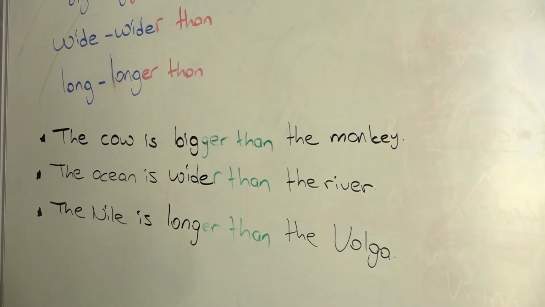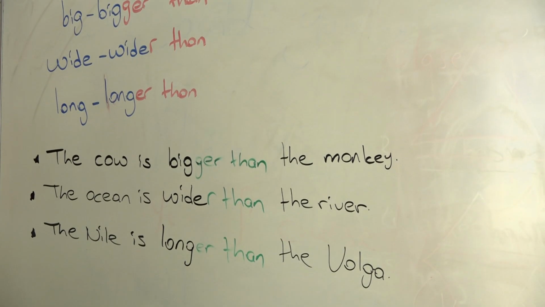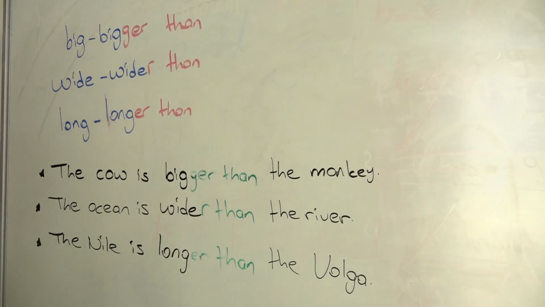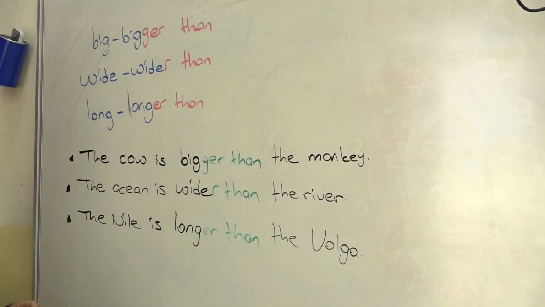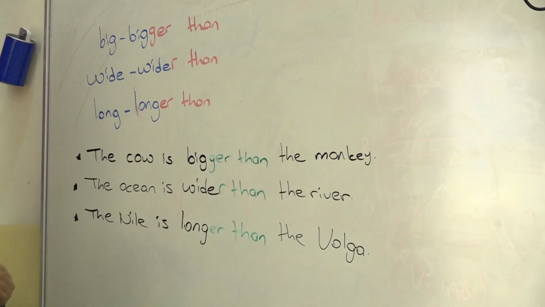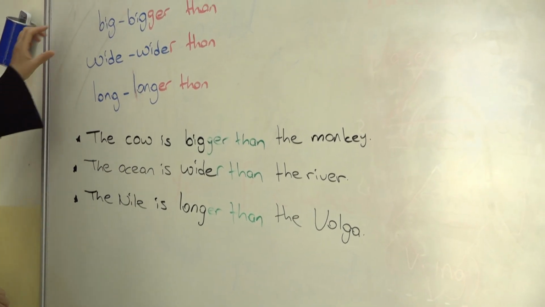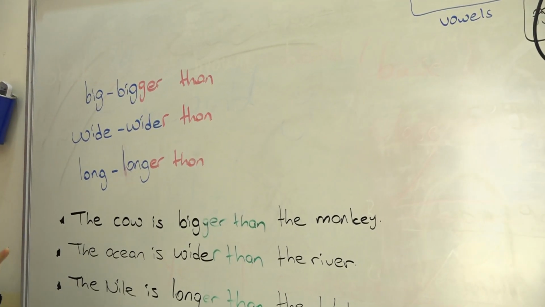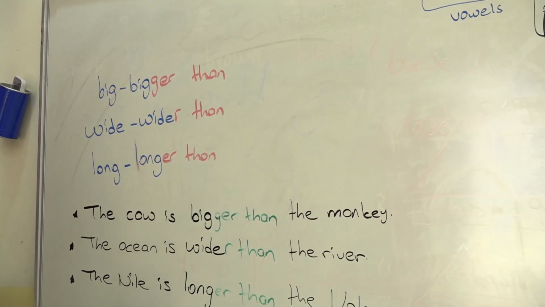And even in this case, I explained to you briefly, but now I will go on a little bit deeper. As you know, if I want to compare two things, two objects, two animals, etc., I use an adjective to compare them.